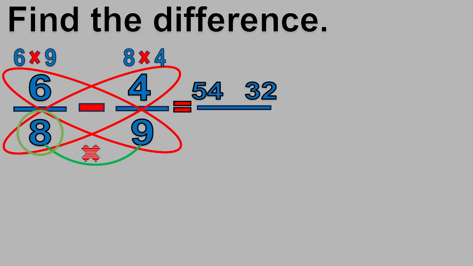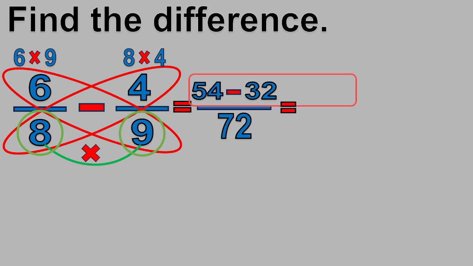So, 8 times 9 equals 72. Now, subtract the product of the diagonal pairs of numerators and denominators. We have here 54 minus 32 equals 22. Then, copy the denominator 72.